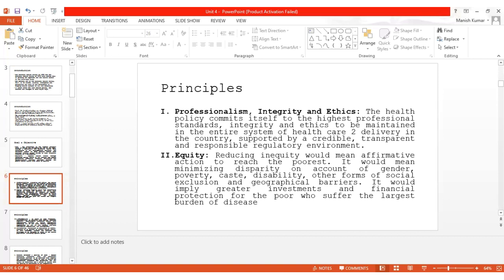If a person comes with a wheelchair, they don't have an entrance which is friendly to them, or the flooring is not friendly, not thinking of a geriatric population. But this policy says that it should provide equity. So equity has to be taken care of while providing services.